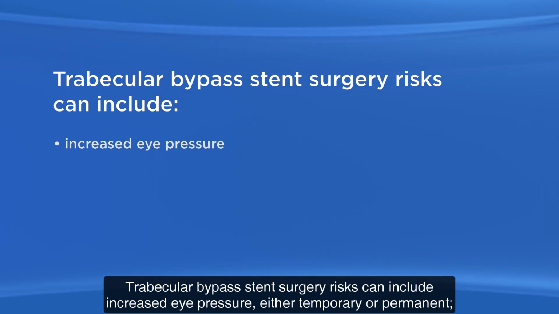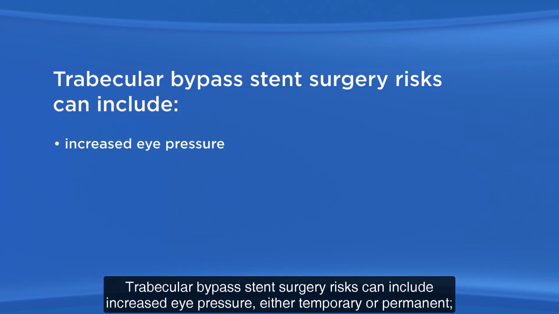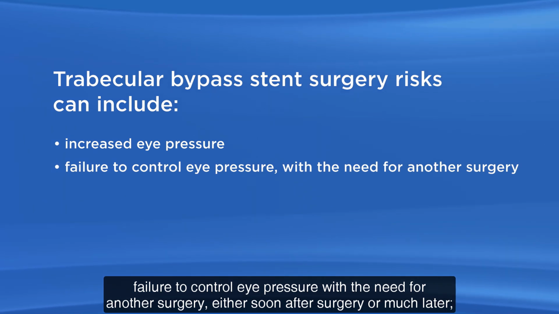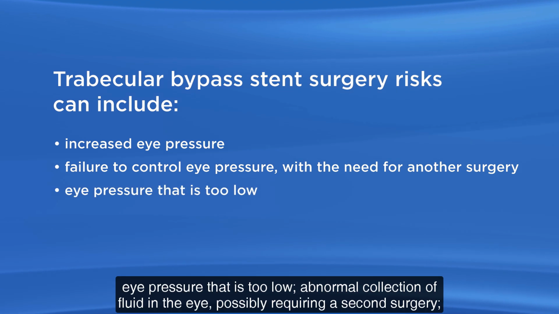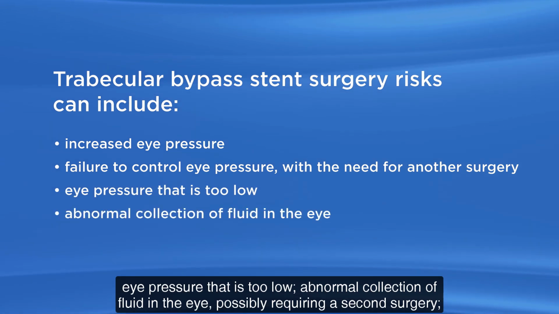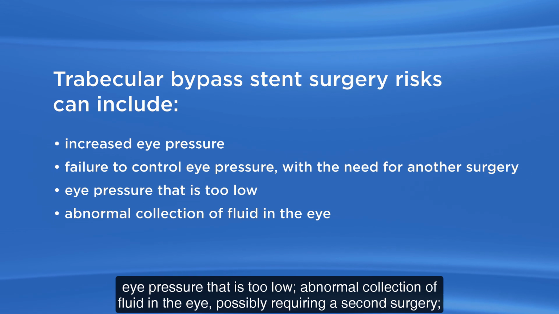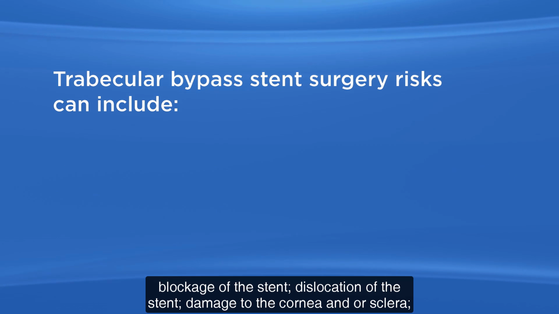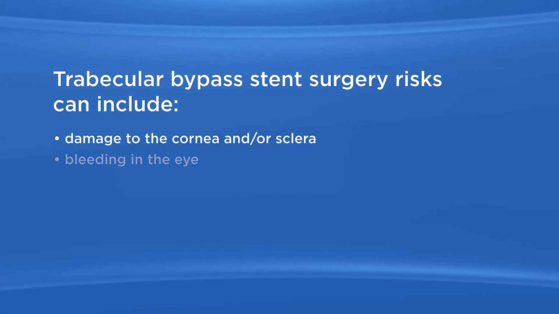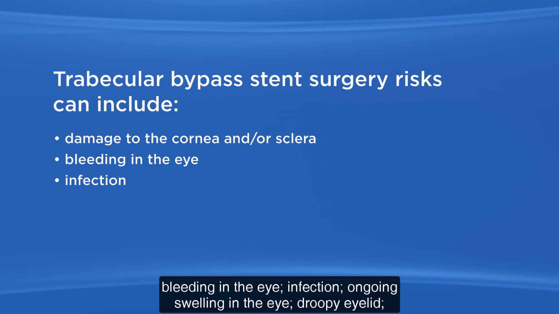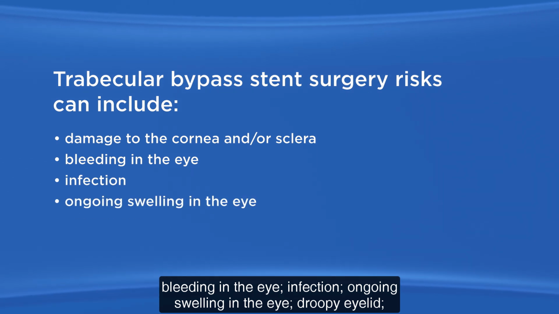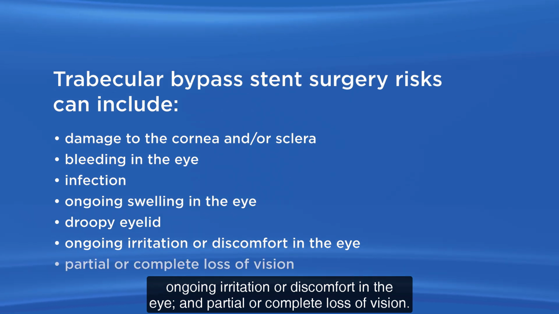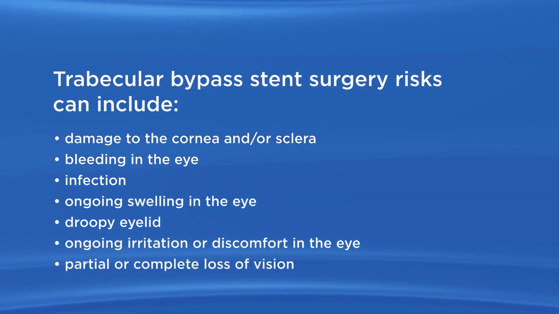Risks can include increased eye pressure, either temporary or permanent; failure to control eye pressure with the need for another surgery, either soon after surgery or much later; eye pressure that is too low; abnormal collection of fluid in the eye, possibly requiring a second surgery; blockage of the stent; dislocation of the stent; damage to the cornea and/or sclera; bleeding in the eye; infection; ongoing swelling in the eye; droopy eyelid; ongoing irritation or discomfort in the eye; and partial or complete loss of vision.